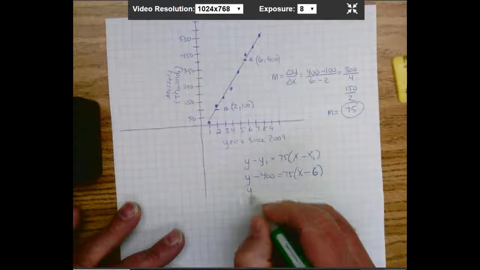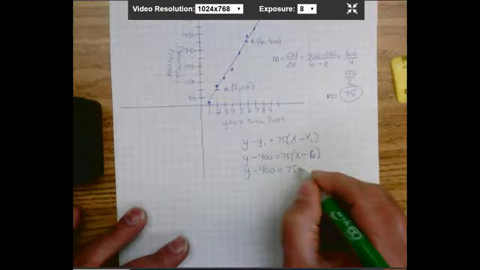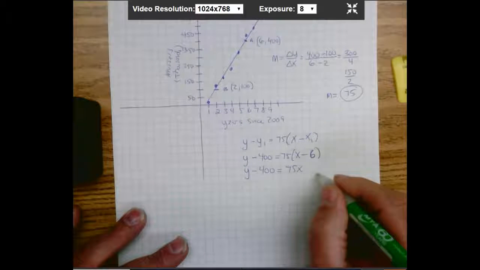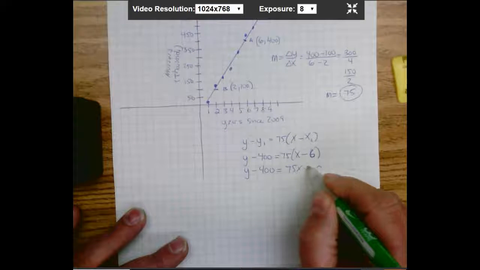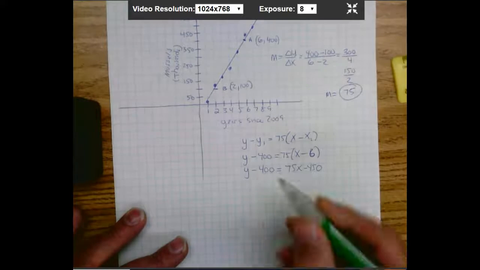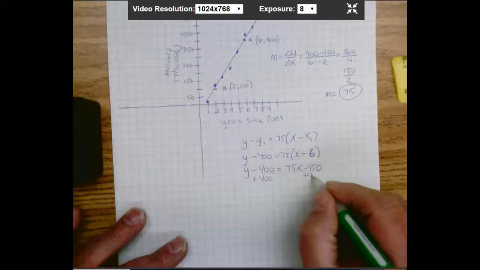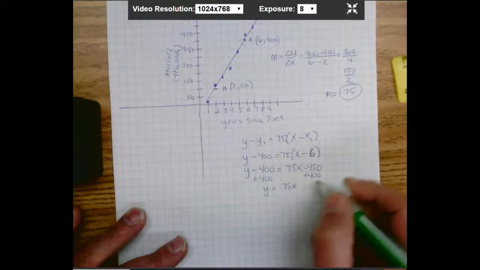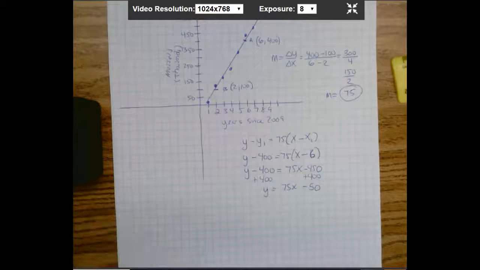Then we're going to do the math. We'll leave the 400 where it is right now. y minus 400 equals 75x, because we're going to distribute, and 75 times 6 is going to be 450. So minus 450. And then we just add 400 to both sides. And we're going to get y equals 75x minus 50.